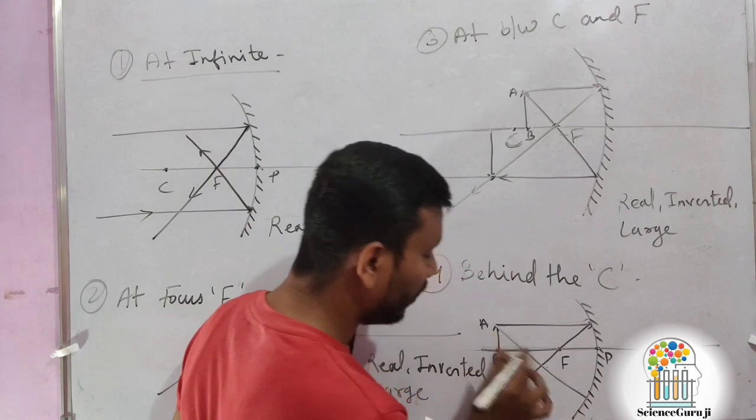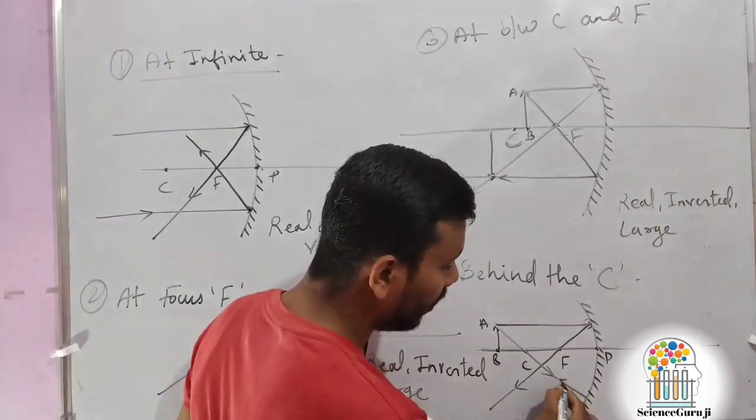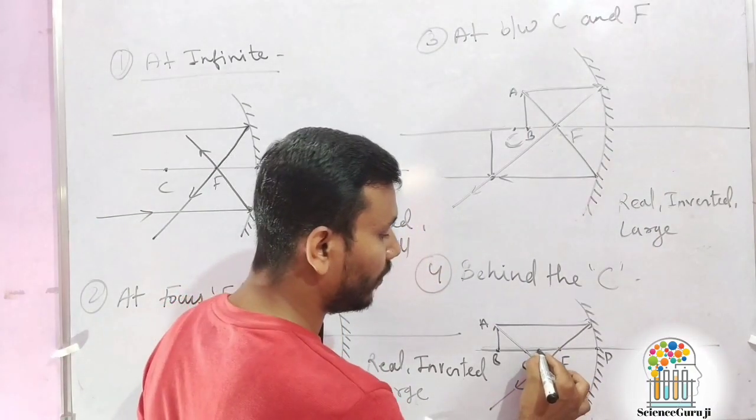The light which comes through the center of curvature and strikes the surface again goes back in the same direction, and here the image is forming.